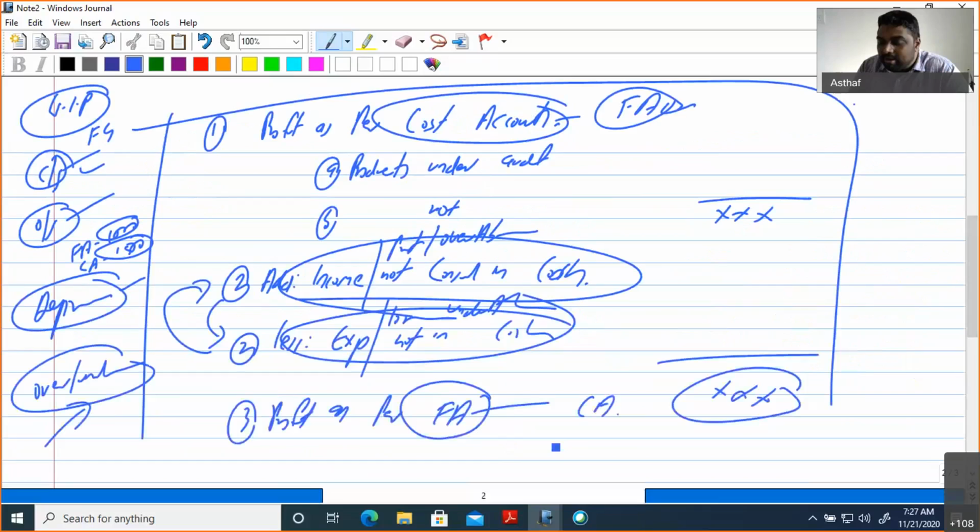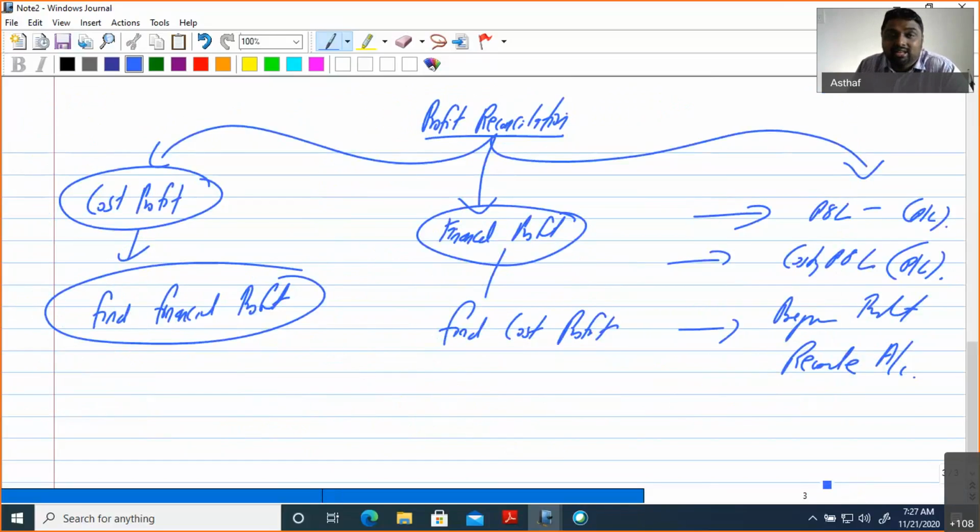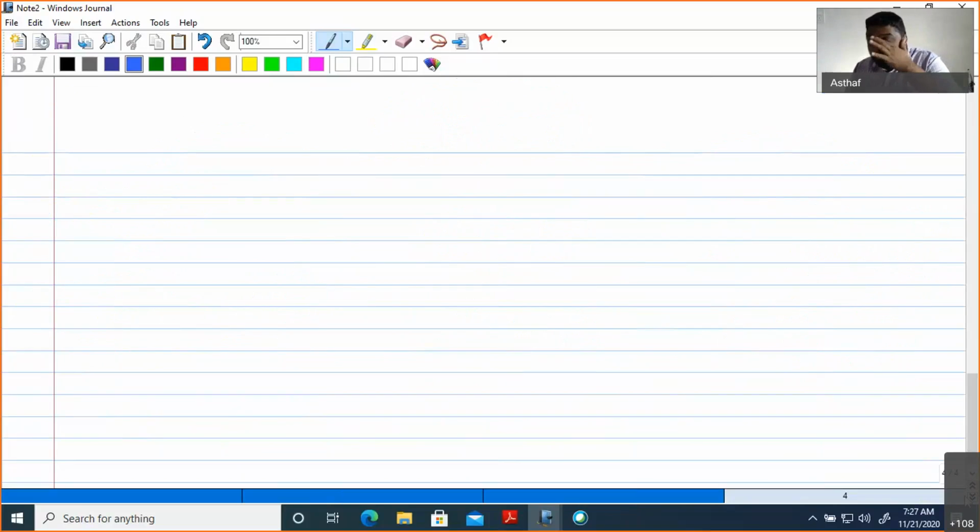Though in the format they discussed only one method, for practical perspective it can be tested just like in your intermediate. If your intermediate items are more of traditional items, nowadays for your exam new expenses are also coming, that is, expenses only in the financial account.